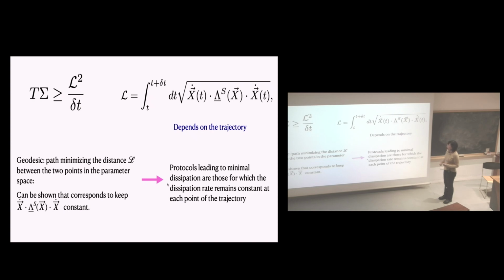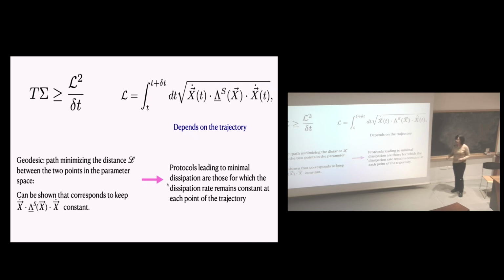And what has been proved is that the paths that minimize this quantity correspond to the case where this argument of the integral is constant. And the argument of the integral is precisely the rate of generating dissipation.